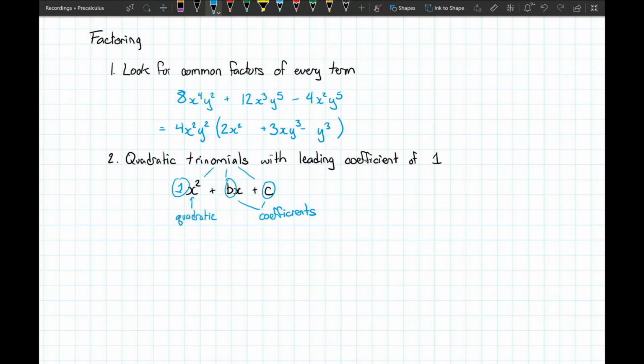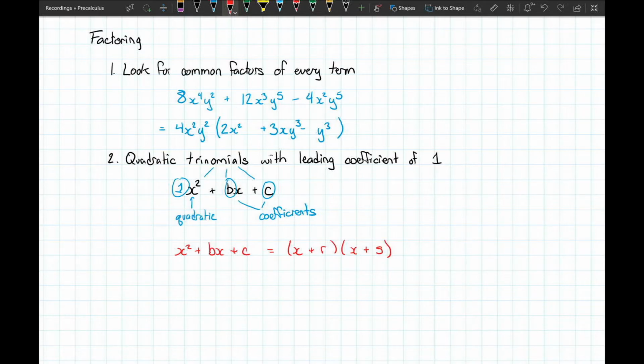Okay, so if you have something of the form x squared plus bx plus c, it is quite possible that we might be able to factor that. And ideally, we could factor x squared plus bx plus c into something of the form x plus or minus something, x plus r, and x plus or minus some other number, x plus s.